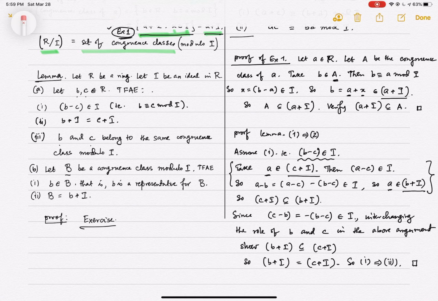So little b belonging to capital B is equivalent to saying that capital B is the congruence class of little b. That's quite immediate from part A as well.